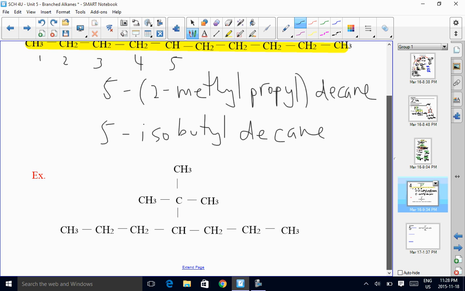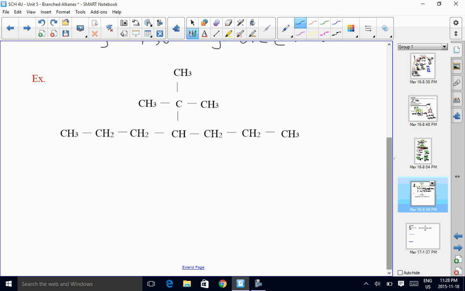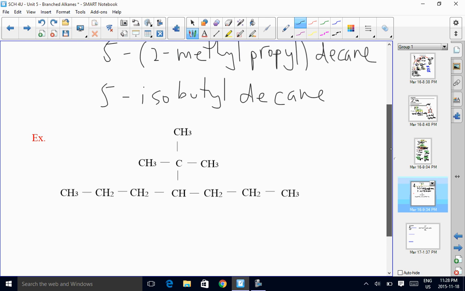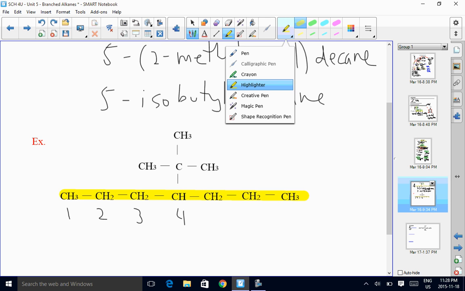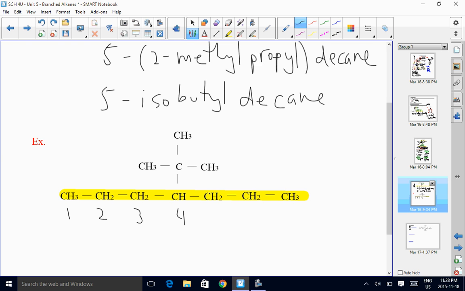All right, let's take a look at this last example here. If I were to number it, 2, 3, 4, it's 4 either way. Highlight the longest chain. And let's name it the old way, 1 and 2.